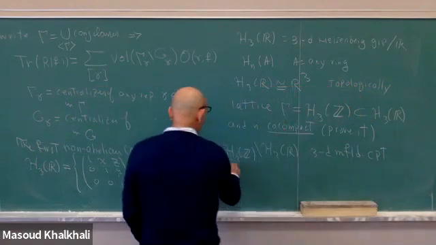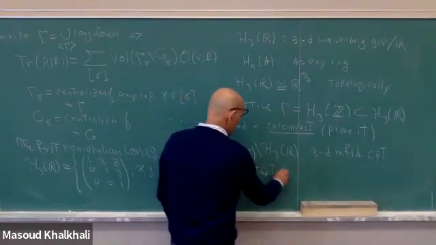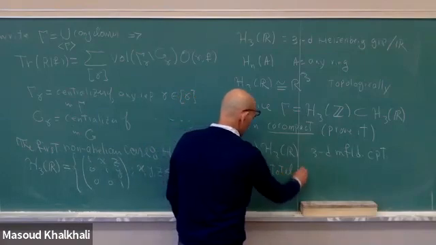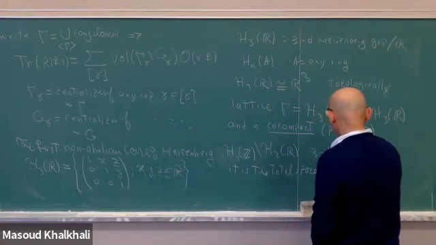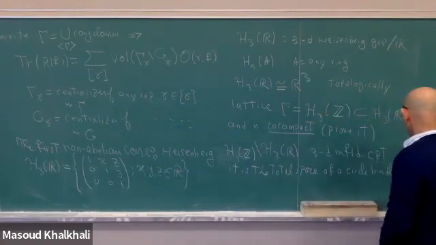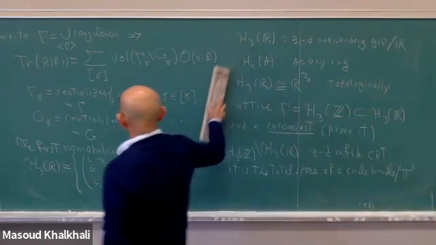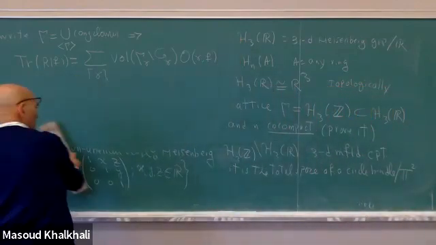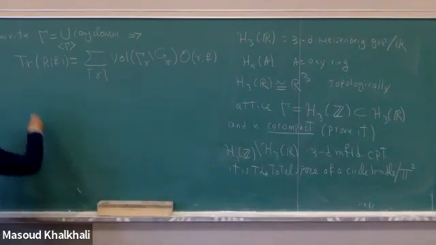So it is the total space of a circle bundle over this torus T2. So in other words, we can embed a copy of S1 inside this space with quotient.